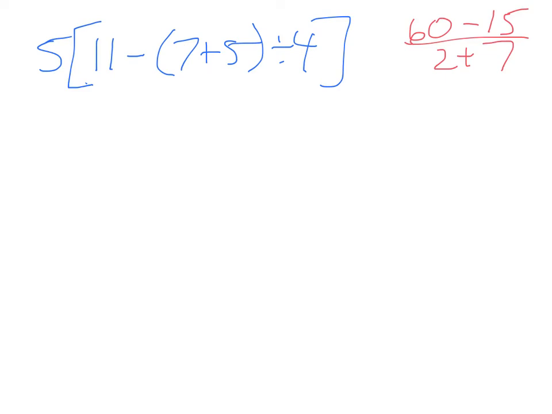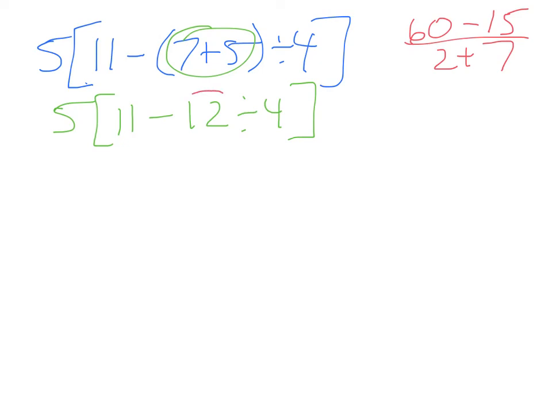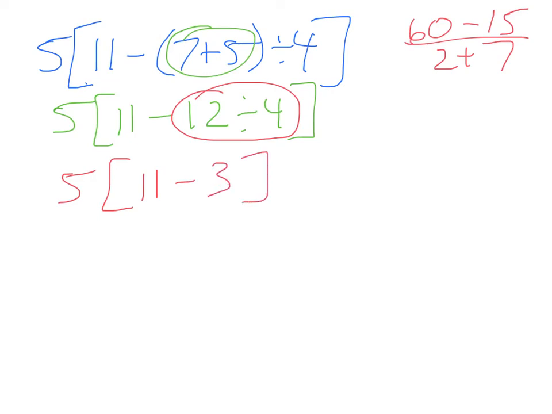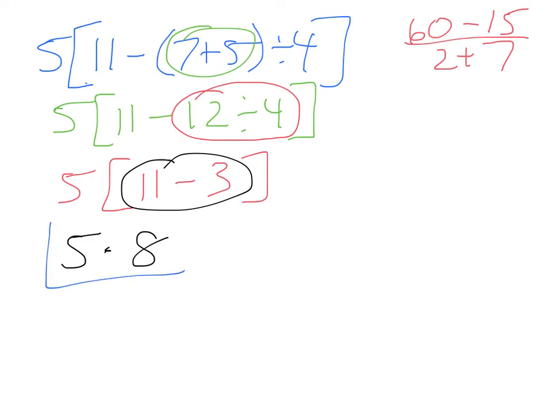All right, so let's see if you got these right. If I do them, I would have taken 5 times 11 minus 12 divided by 4. I'm going to do 12 divided by 4 next. So that's 5 times 11 minus 3. Do the 11 minus 3, and that gives me 5 times 8, which will end me with 40.